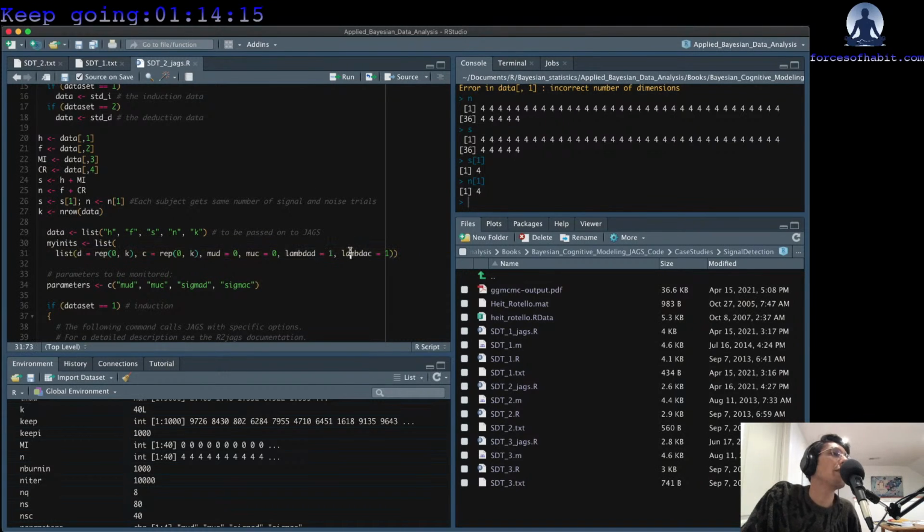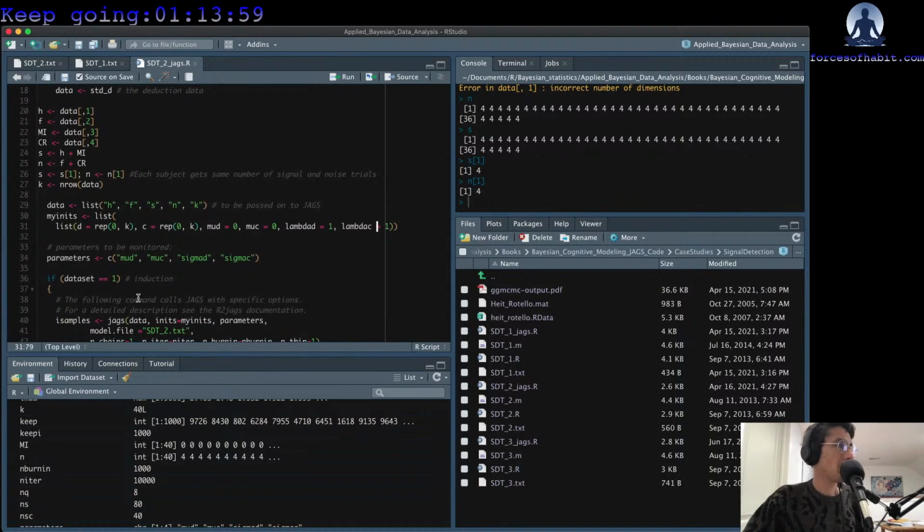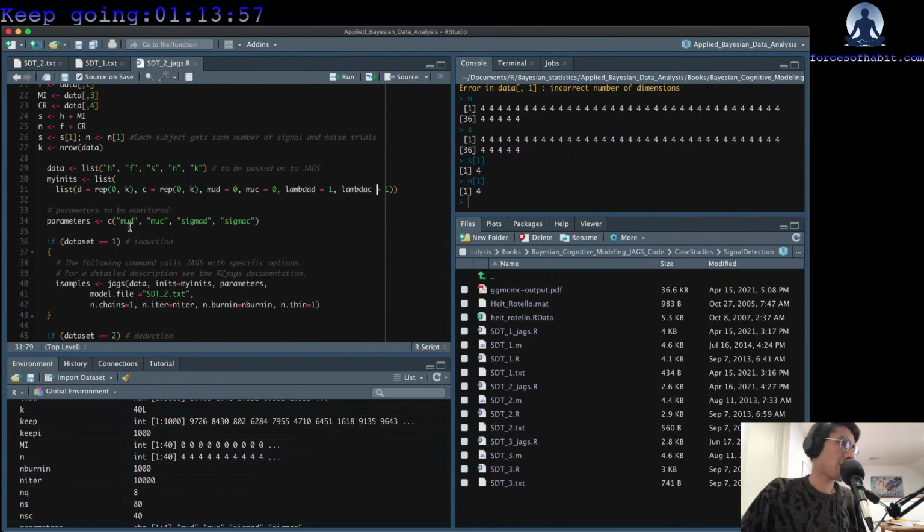So what do we need? We need parameters for mu and lambda for our distributions in the hierarchy, and then discriminability and bias. What we're interested in looking at here is the average discriminability, average bias, and the variability surrounding those estimates.